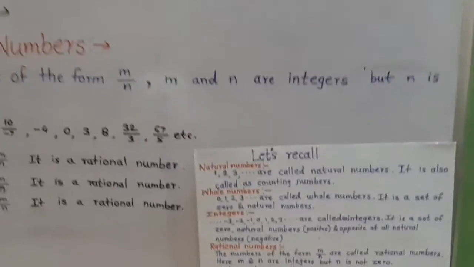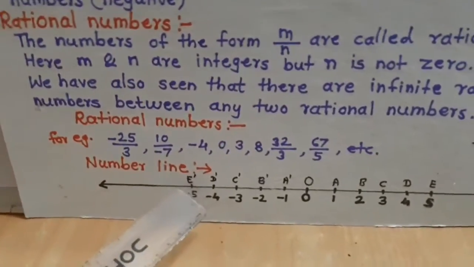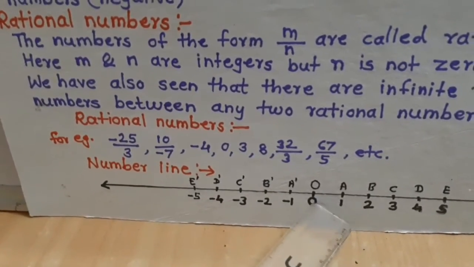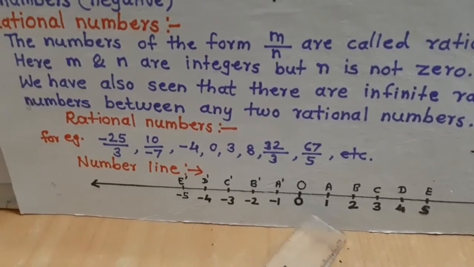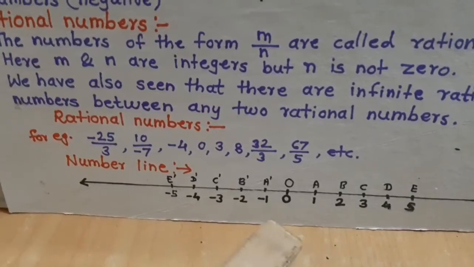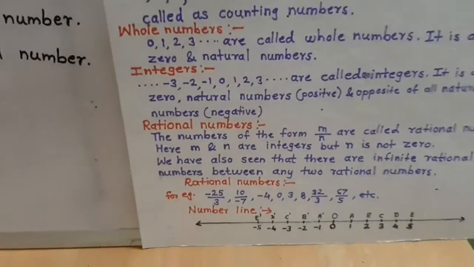Students, we studied number line in previous standard. This is a number line. Take midpoint as 0 and right to 0 take positive numbers and left to 0 take negative numbers.